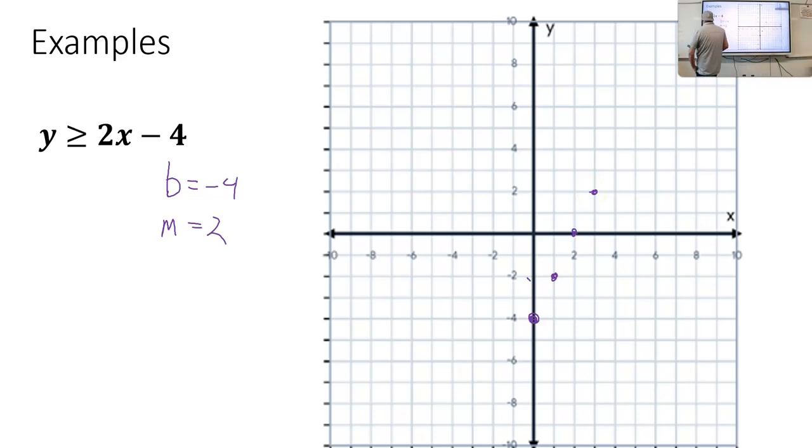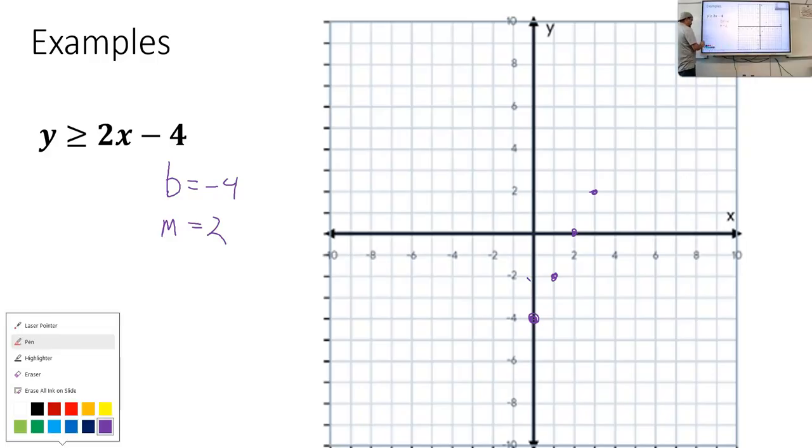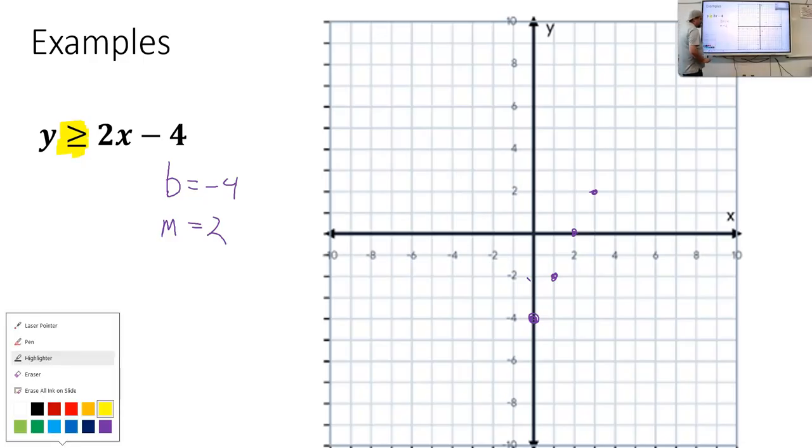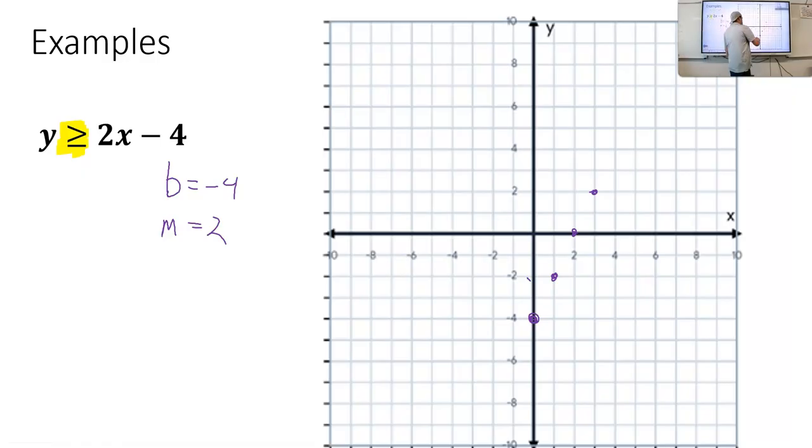Okay, is this dashed or is it solid? Well, it says greater than or equal to, which means I actually have a solid line. So when I connect these points, it's going to be solid. There's not going to be any dashes in there. Okay, and then where should I shade it, above or below?